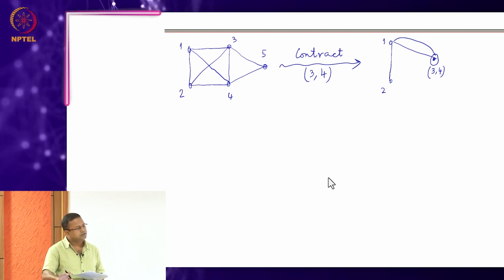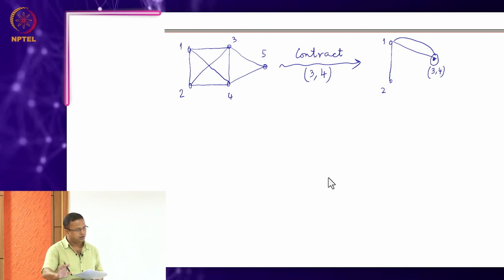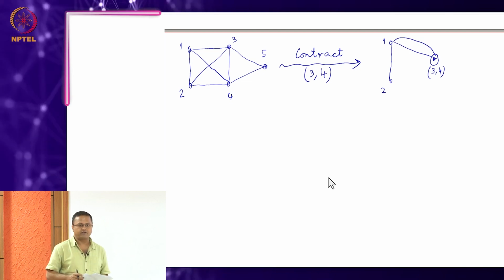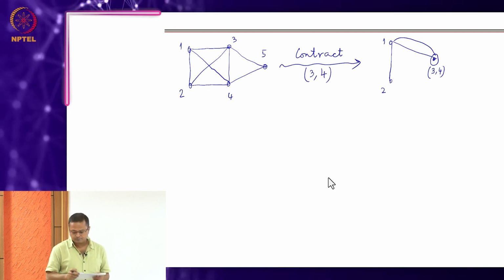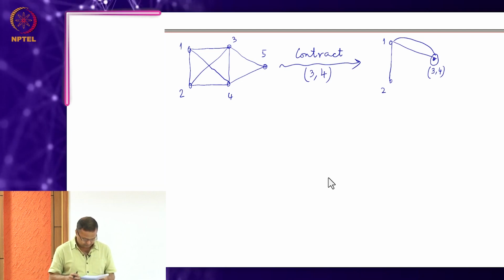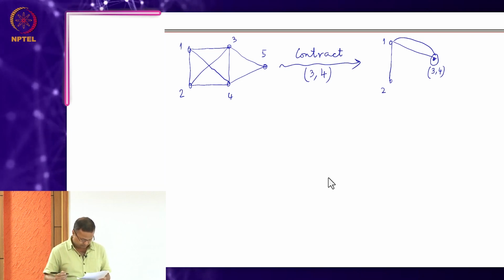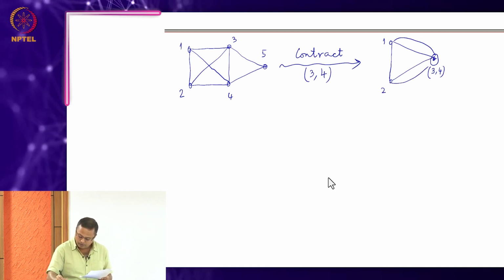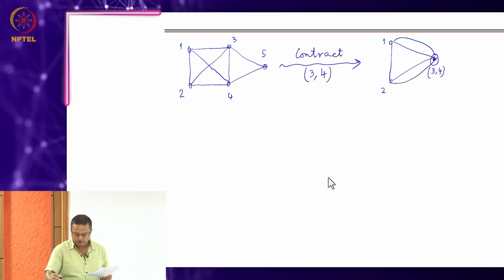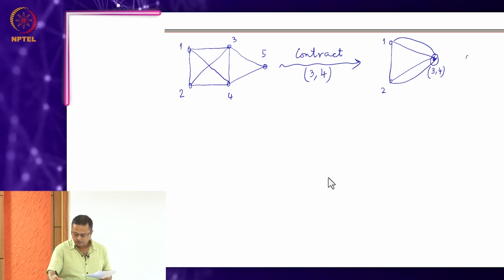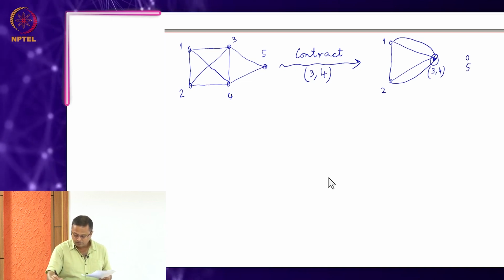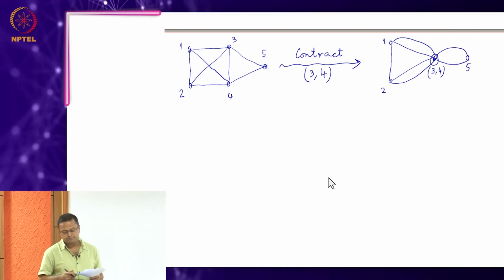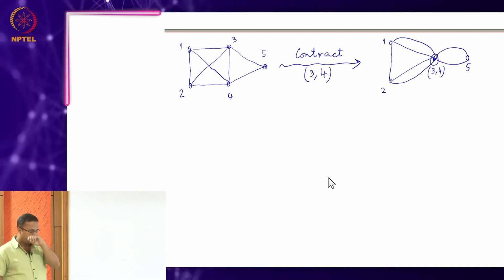No longer is this a simple graph. It becomes a multi-graph because I start having parallel edges. Similarly, you have these two edges. Done?